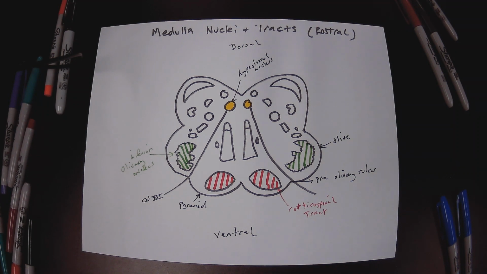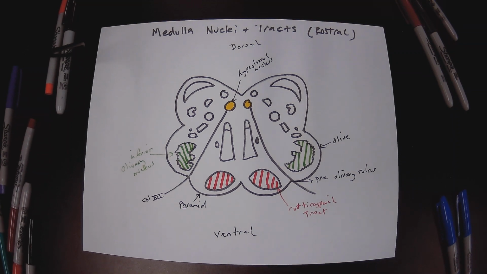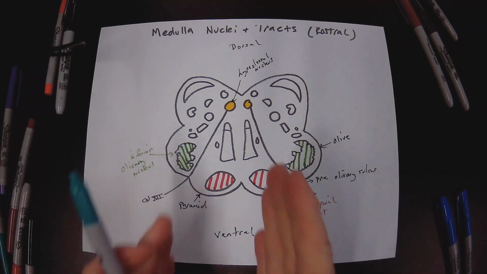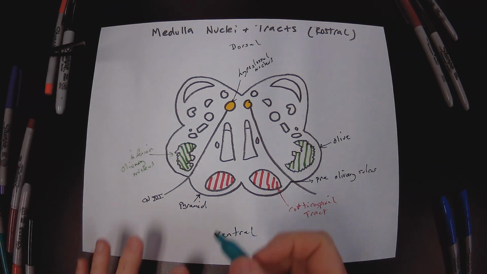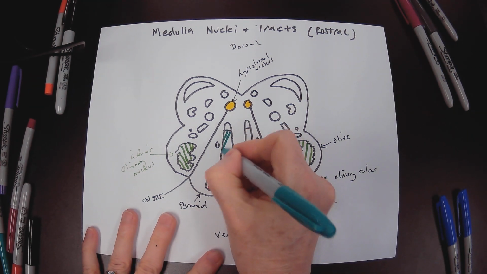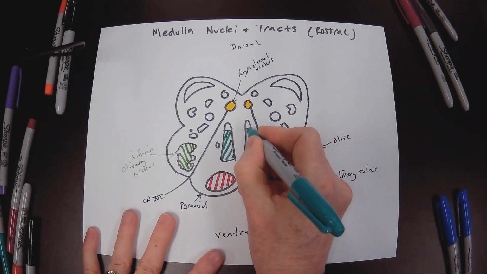Let's go ahead and do the word lemniscus. It really has to do with the shape of the thing. It's sort of an elongated column-like structure of white matter axons traveling through. This is going to be medial, and it's got this elongated shape to it, which really just means lemniscus.